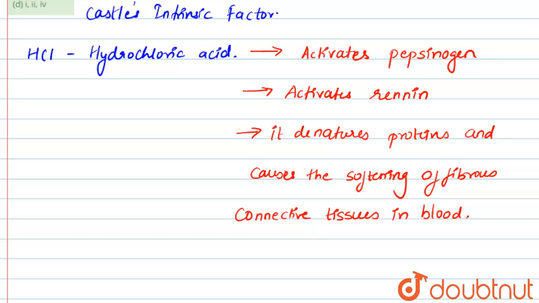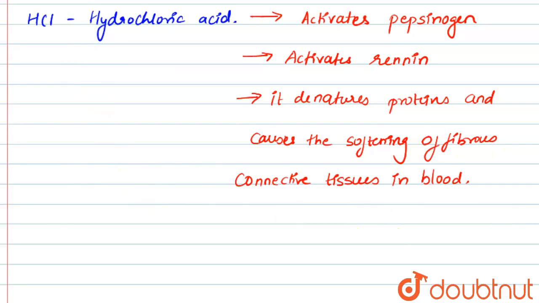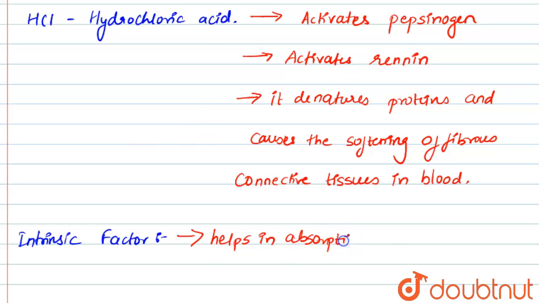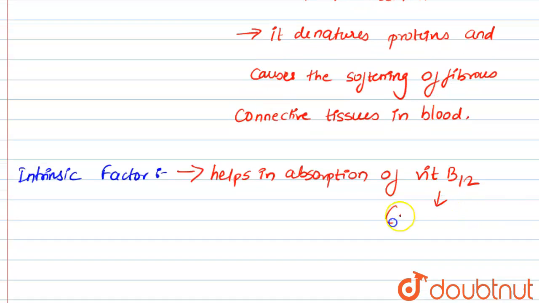Now let us talk about the functions of the Castle's intrinsic factor. Rather, we will simply write the intrinsic factor. The intrinsic factor secreted by the oxyntic cells in the gastric juices helps in absorption of vitamin B12. Vitamin B12 is also known as cyanocobalamin.